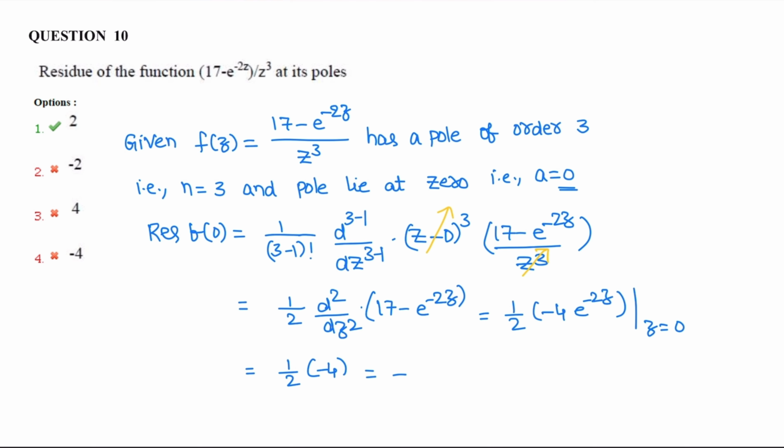So the answer is minus 4 by 2, that is minus 2. The residue of the given function is minus 2. Option 1 is wrong. Correct answer is minus 2.